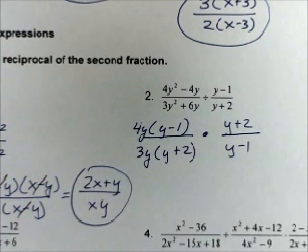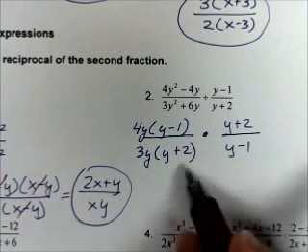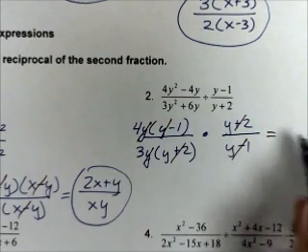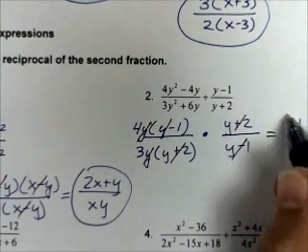So everything is factored that can be factored. Now we divide out y plus 2, y minus 1, and the y. So we're left with simply 4 divided by 3.